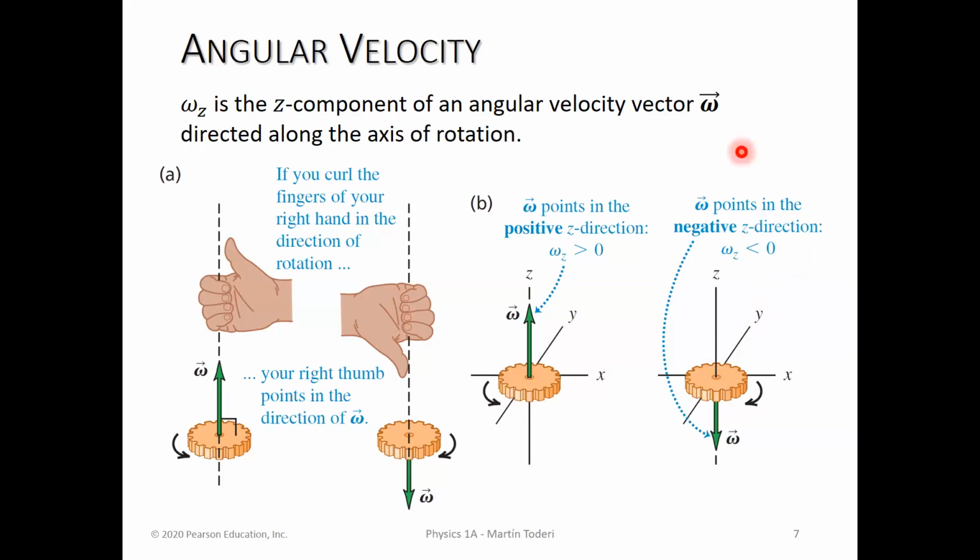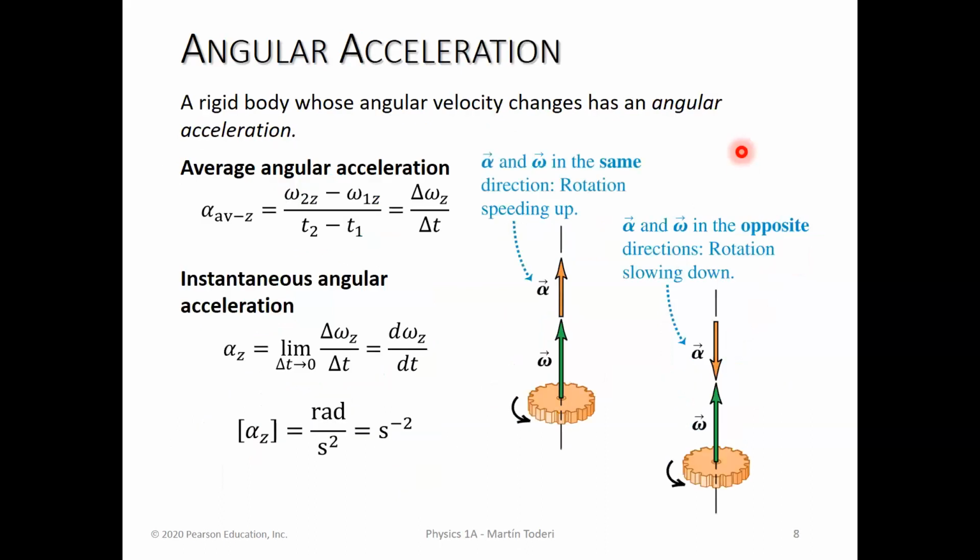All right, let's continue then. So as we defined position in terms of the angle, then we defined the velocity in terms of the angle. So we have angular velocity. And of course, if we define those two, then we can get the acceleration, right? So for a rigid body whose angular velocity is changing, remember, acceleration is strictly related to the change of the velocity.